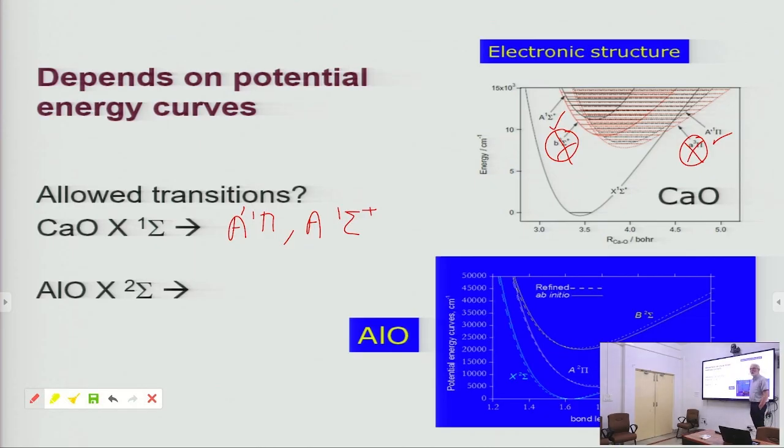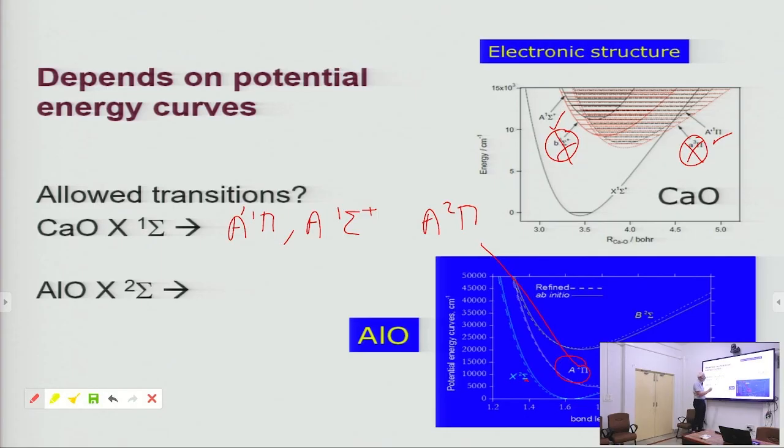Carrying on, going from the X doublet sigma state in aluminium oxide to the A doublet pi state, is that an allowed or a forbidden transition? So this state here is A doublet pi. We're going from X doublet sigma.